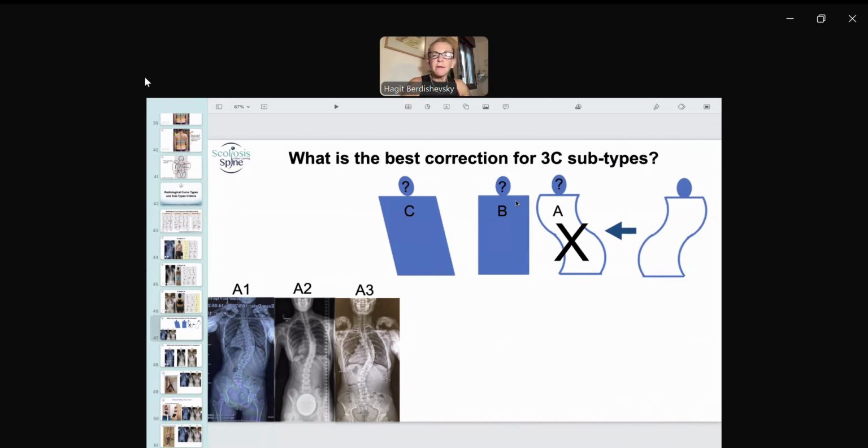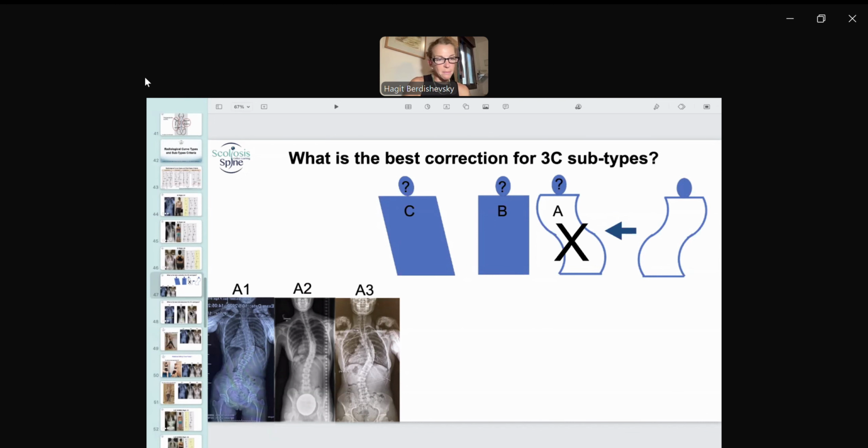And then the question: is it maybe good enough to correct a 3C by having the pelvis under the trunk, under the shoulders, bringing the patient to a well-centered correction? Or should we go further and create a resultant diagonal traction line, overcorrecting the pelvis from left to right with elongation, and allowing this diagonal traction line and overcorrection to be created?